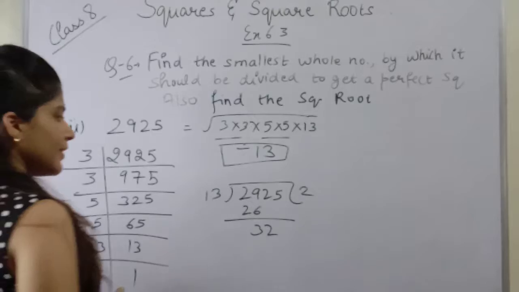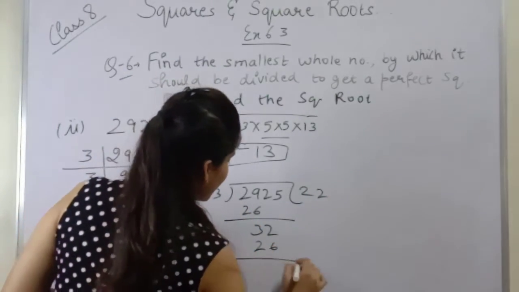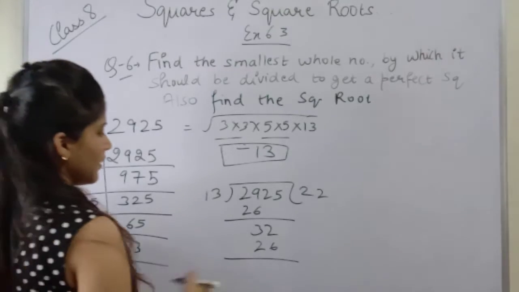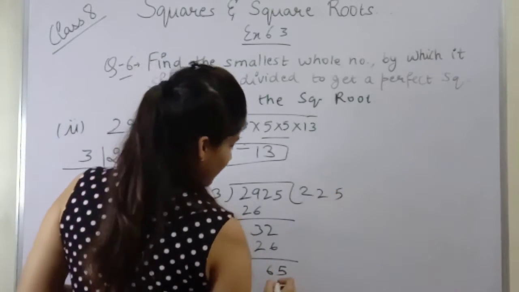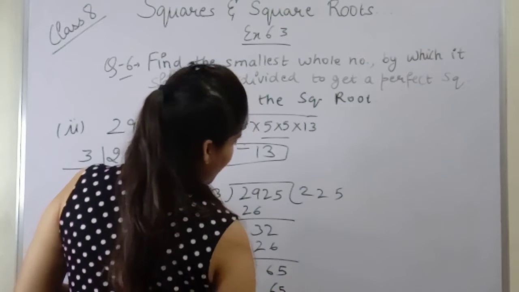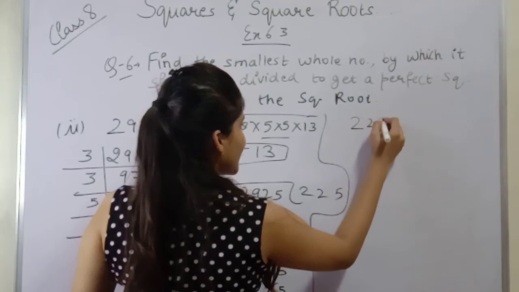Again 13 2s are 26. 65, and 13 5s are 65. So we got our number as 225.